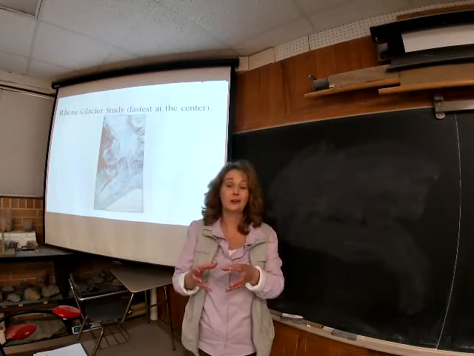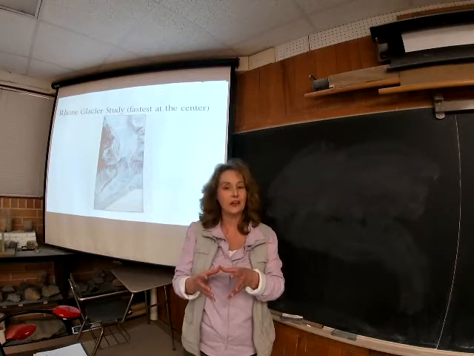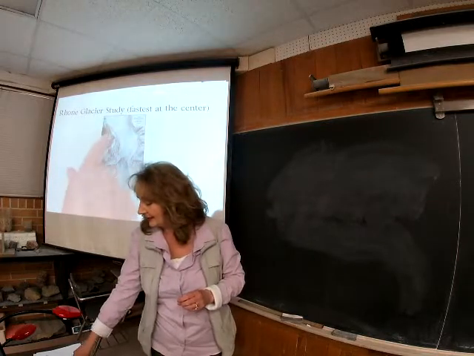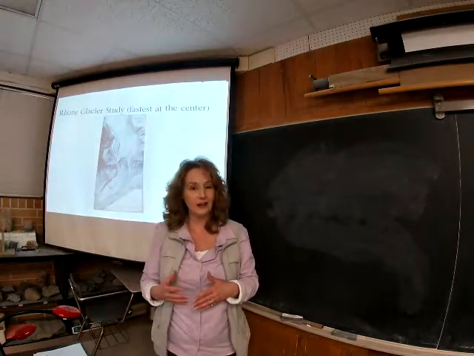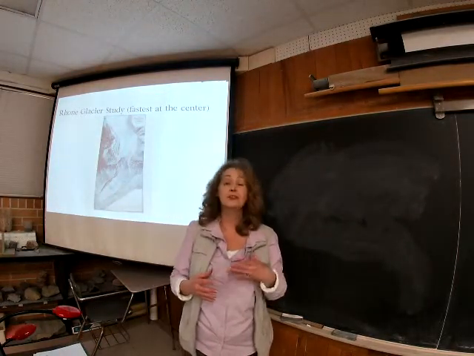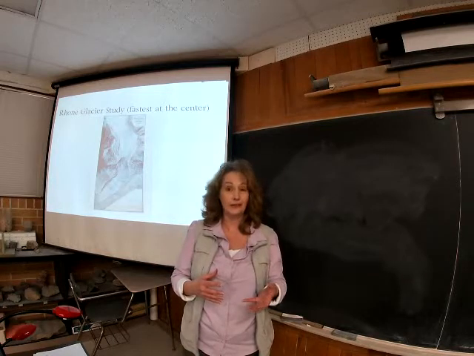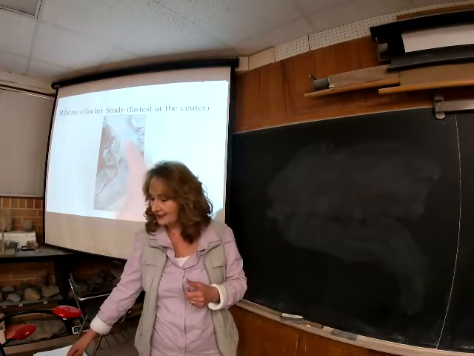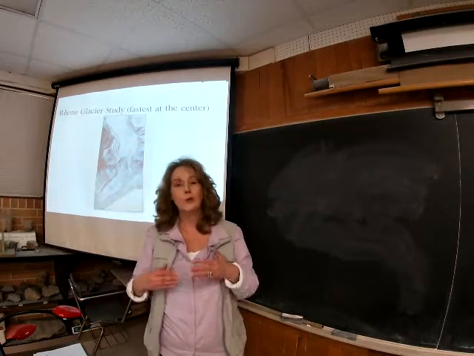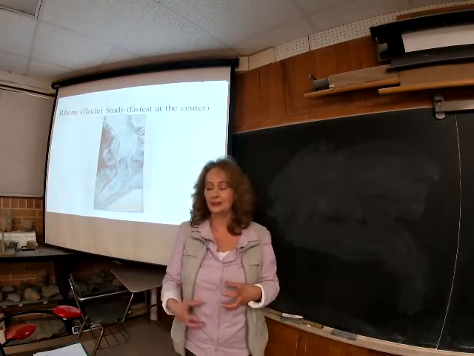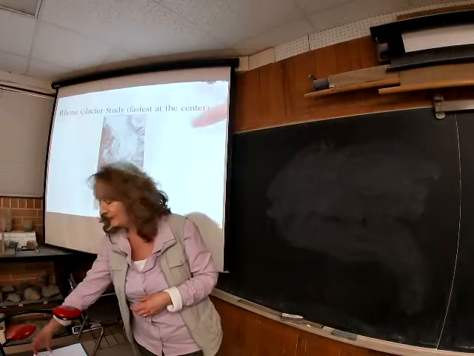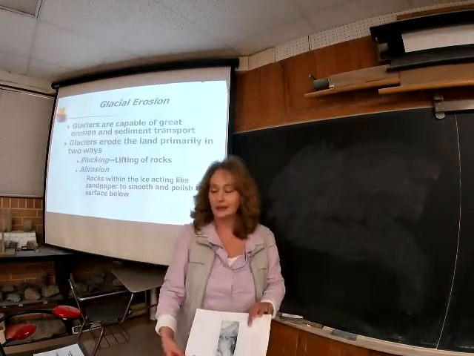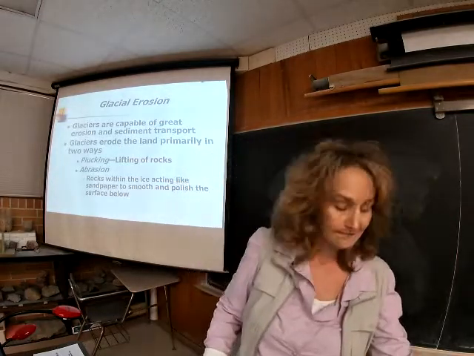Out there in the center was where the fastest velocity of our streams were, because that friction due to the contact with the sides of the valley walls were slowing down the flow. And so yeah, from his study he was realizing that the fastest flow or motion was right there at the center. And so he had done a study on the flow of glaciers, and this was in particular the Rhone glacier that he studied.